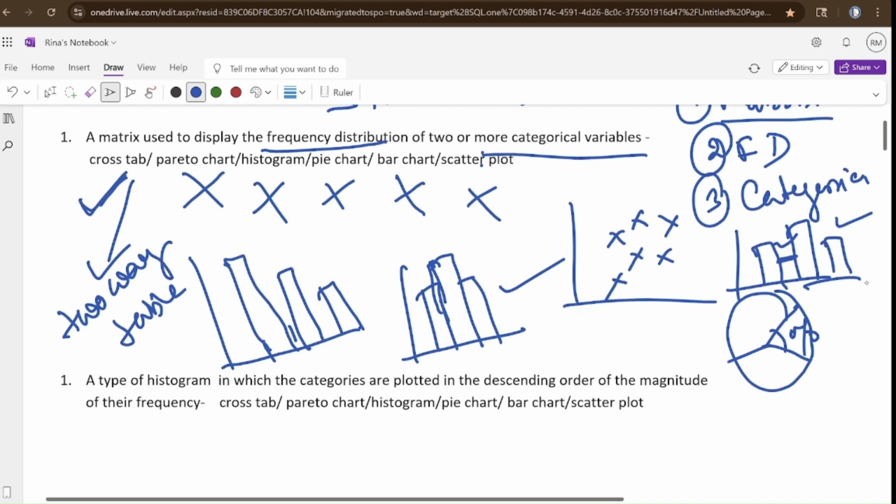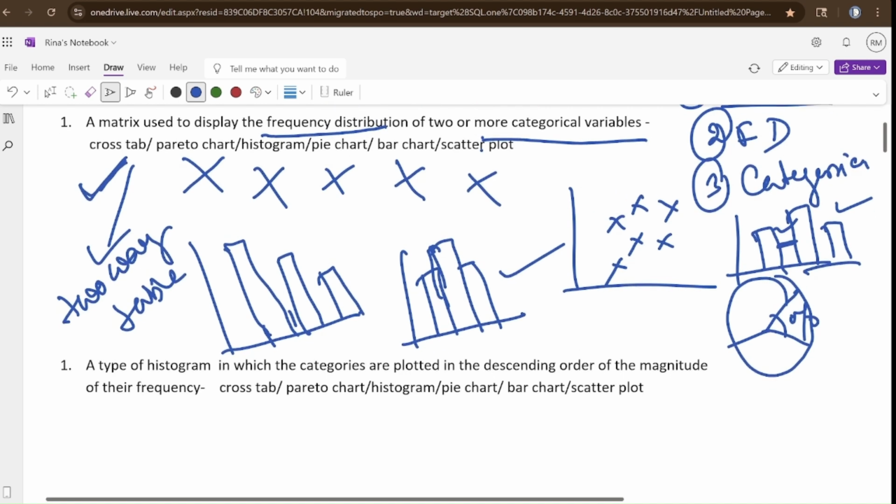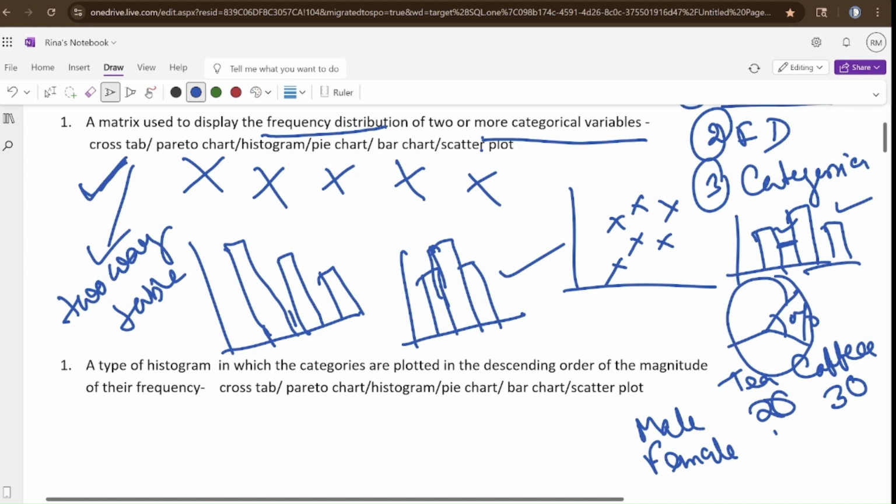Let's say I have data where some males are preferring tea, some males are preferring coffee. So I want to display my data in this way. I want to see how many males are preferring tea, let's say 20, how many preferring coffee, 30, how many females preferring tea, let's say 15, how many females preferring coffee, let's say 45.